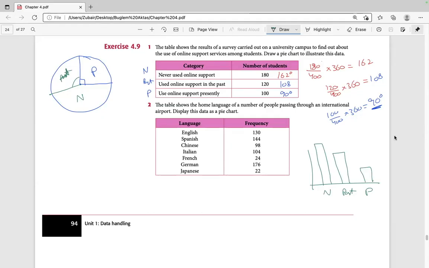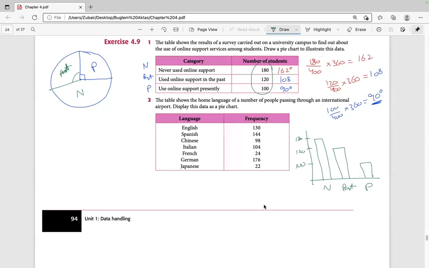For the bar graph, we can use the angles, or anything, but it is preferred to use the numbers, because we don't have to process the data for that. So that's 180, that's 120, and this is 90. For a pie chart only, we need to calculate these angles.